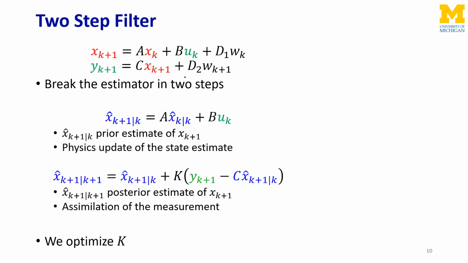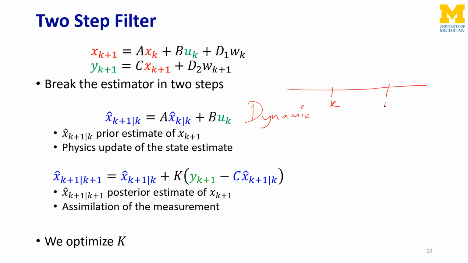So here is how we construct the two-step filter. You have the system equations, and I write the output equation slightly differently since we are using yk plus 1: yk plus 1 equals the state at k plus 1 plus the noise at k plus 1. We are going to break the estimator into two parts. The first part is the dynamics: it just uses the dynamics of the system to push the state forward. Let me try to make a picture to explain it better.